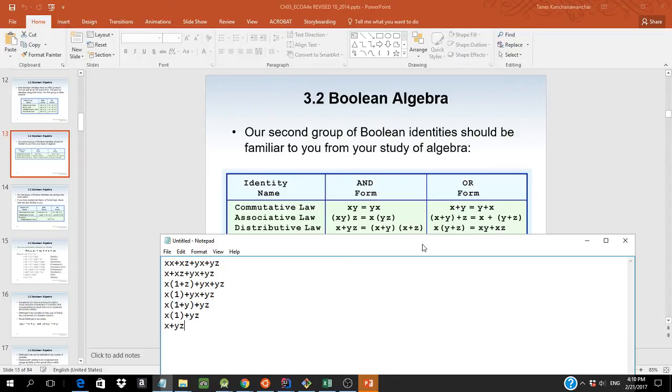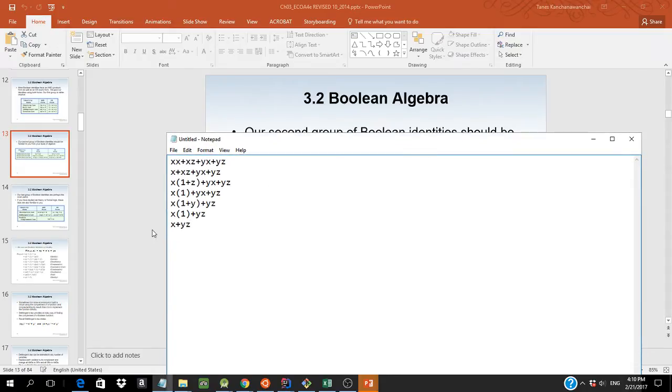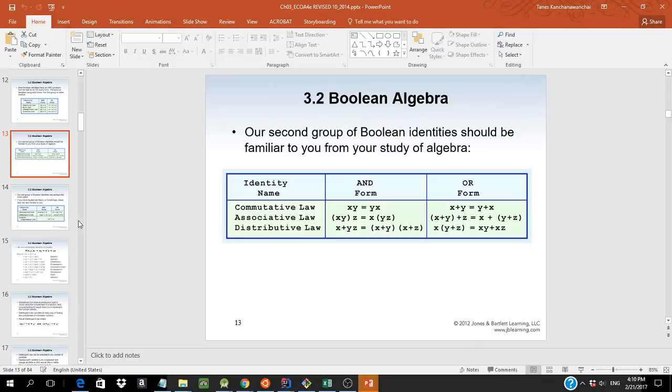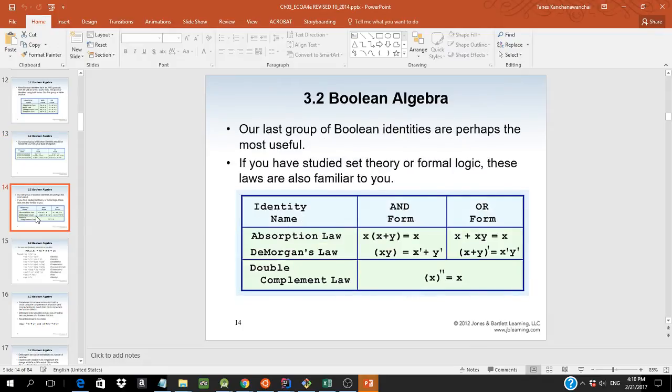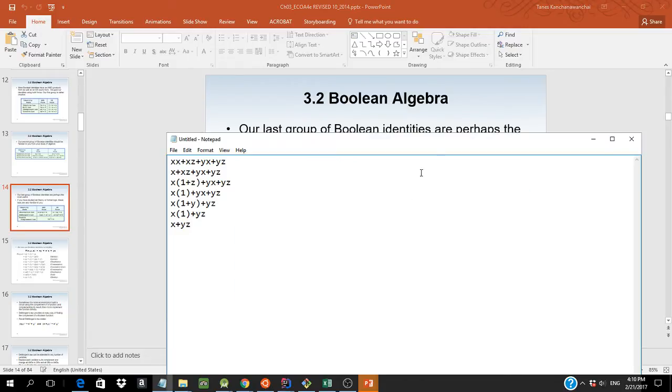So those are the properties that we need to know, and then we also get to the property of absorption. Absorption is, we said, x times (x plus y) equals x. If you really look at it, let's review again.